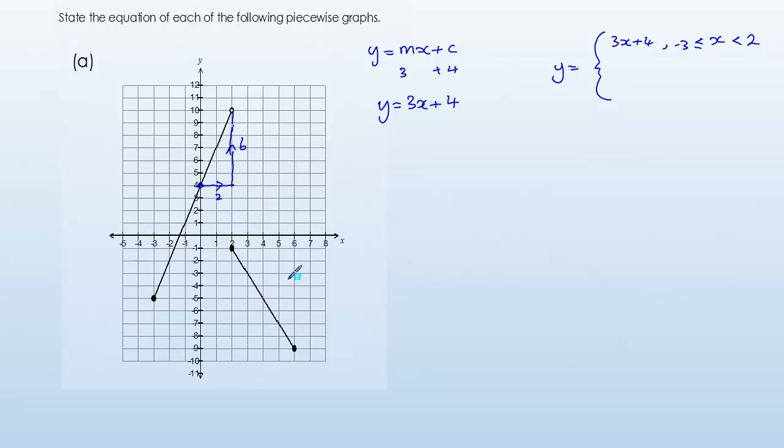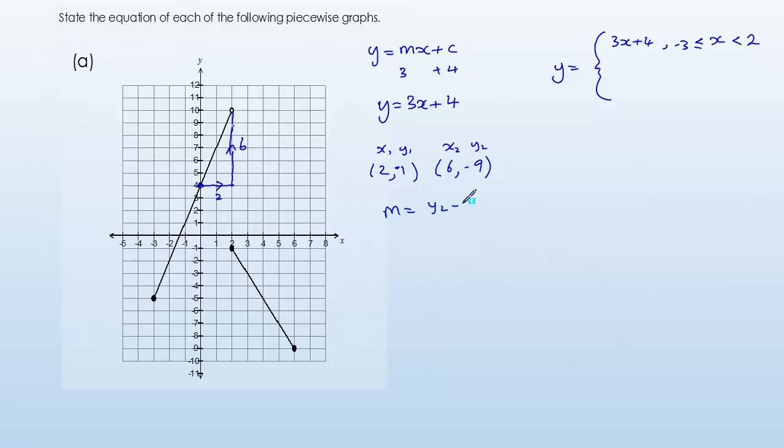Now we want the equation of this one. This one's not quite so straightforward. We've got 2, 1, and we've got, there's 2, -1, let's be careful, and 6, -9. So our gradient, let's call this x1, y1, and this x2, y2.